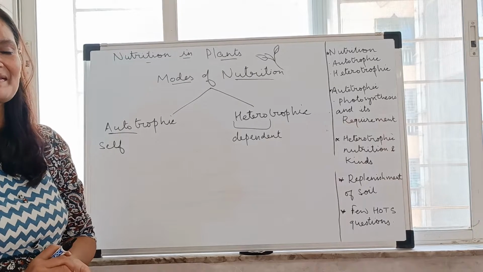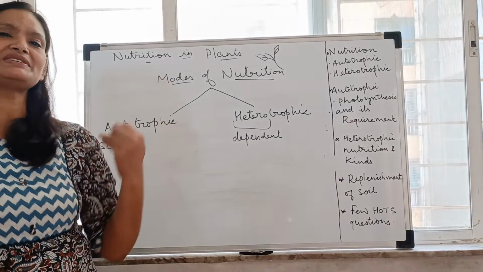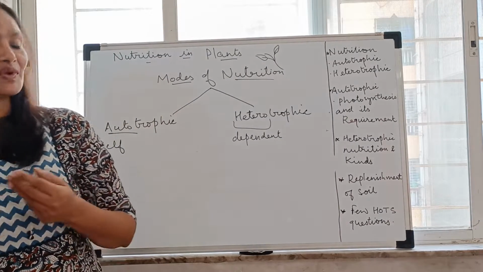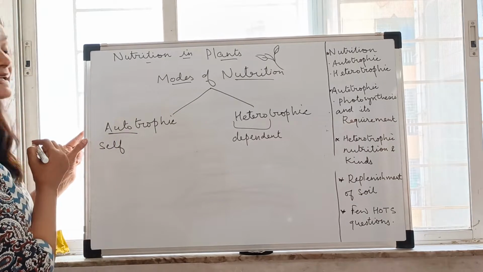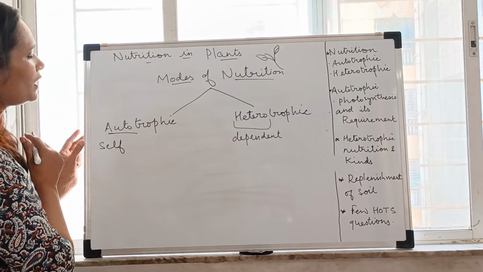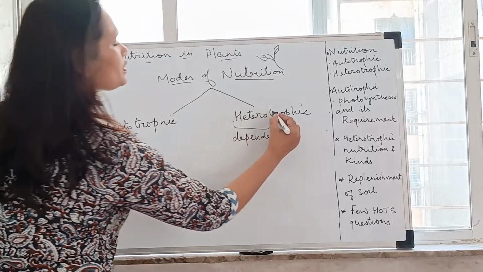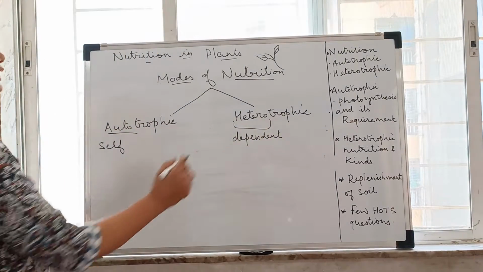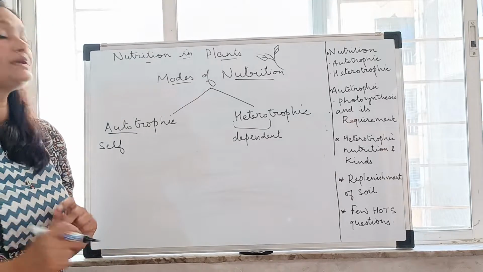They give us food. They prepare their own food, so they consume it, and whatever is remaining, we all take from them. So autotrophic means organisms which prepare their own food, and heterotrophic means organisms which are dependent for their food on other organisms.